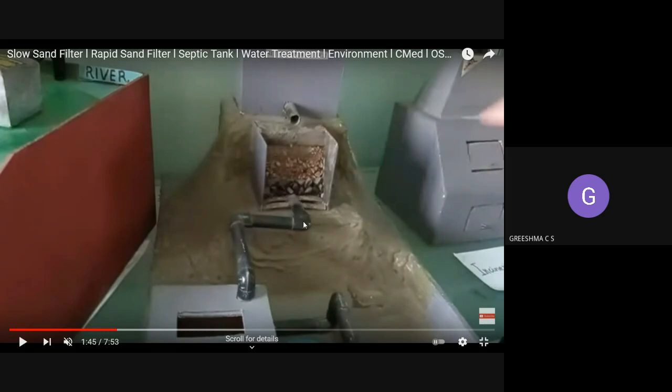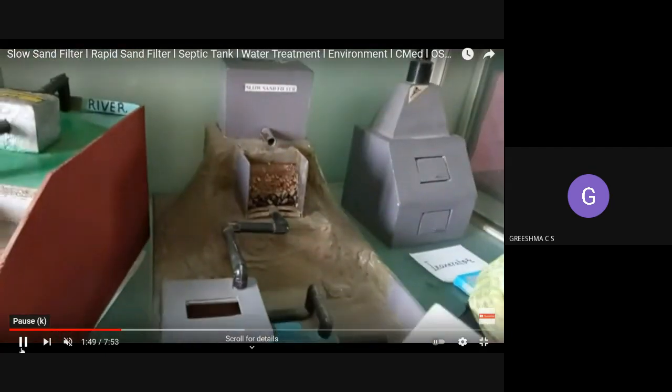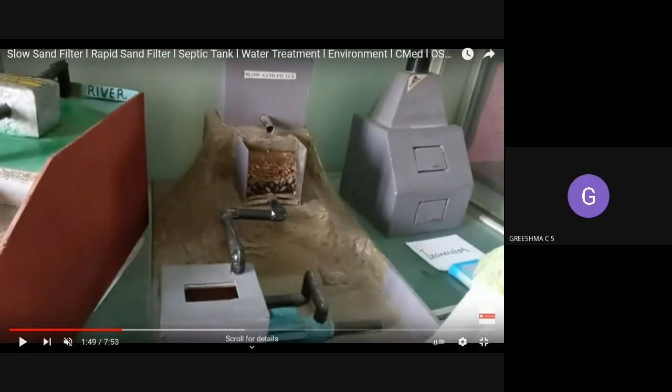Through the lateral drains water will be collected and it will be taken to the main drains. Okay, so like this. So this water will be taken to the main filtration. From here it will be taken to the supply chamber. Okay, so this is a lateral drain, this is a main drain.